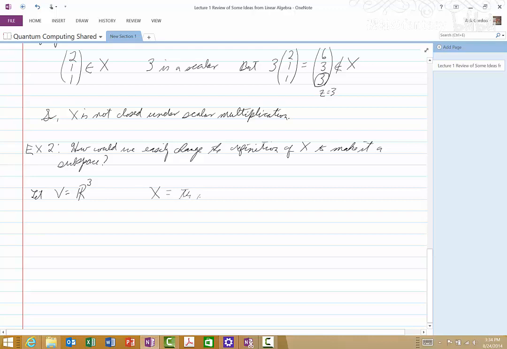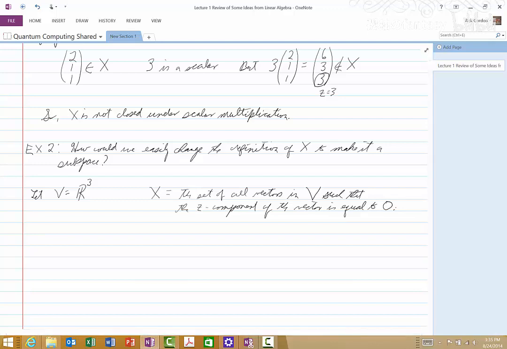We will let X be the set of all vectors in V such that the Z component of the vector is equal to, not 1 as before, but 0. And I claim that that one small change will now give us a subspace.